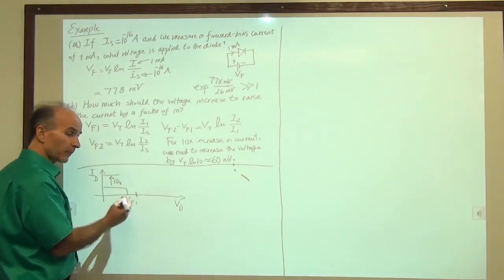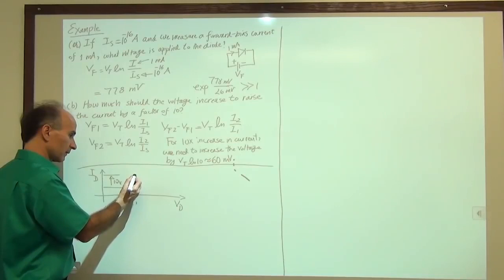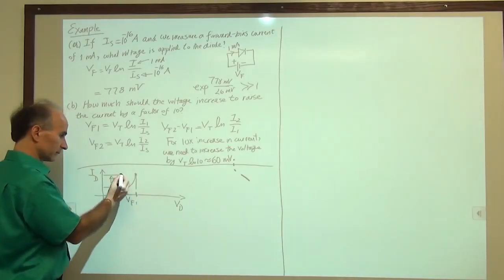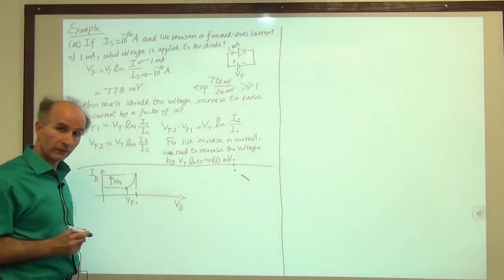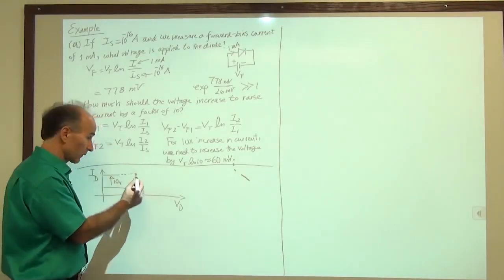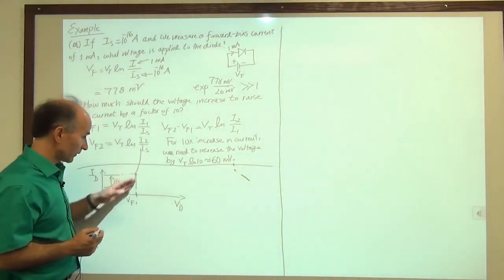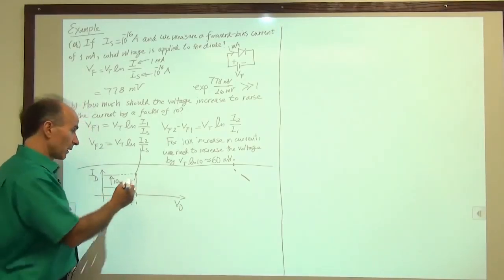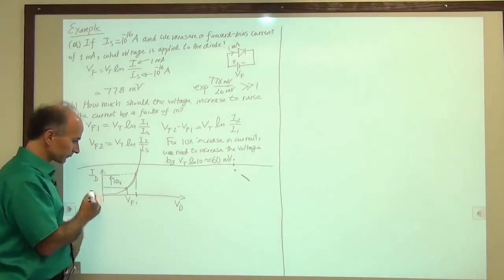So we move up by 60 millivolts, the current goes up by a factor of 10. So that's the interesting thing about the device. And again, if you go by another 60 millivolts, this goes up by another factor of 10. So it goes to 100 milliamps. And that's the property of an exponential function. So that's very important and interesting to remember.